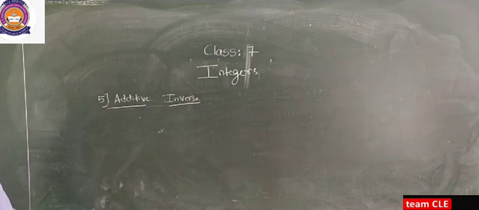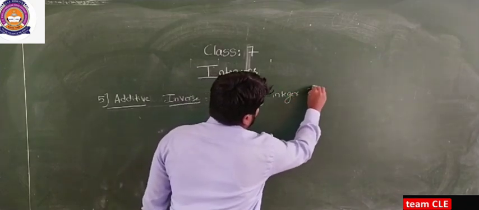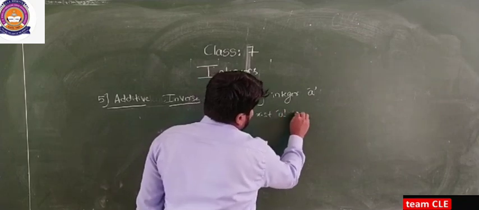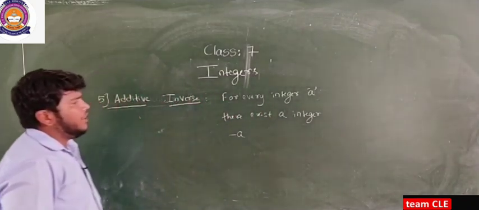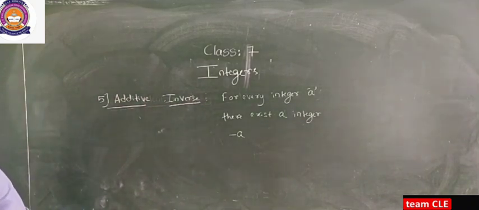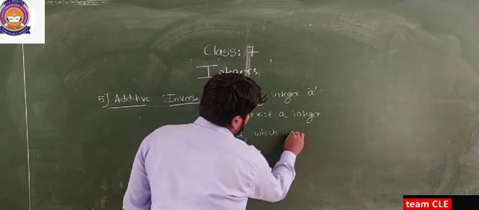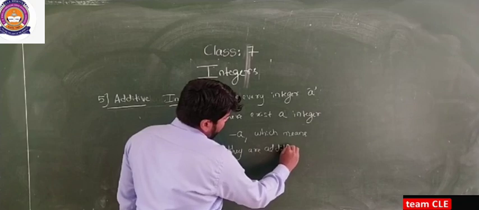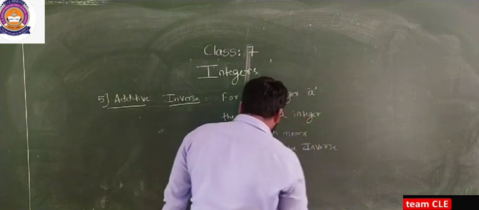For every integer a, there exists an integer minus a, which means they are additive inverses of each other.